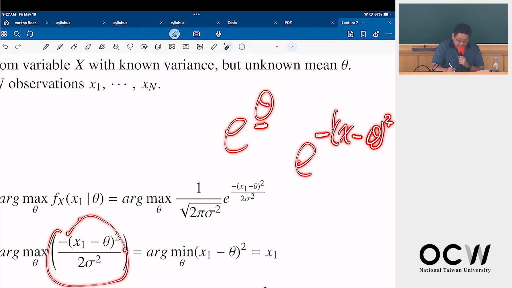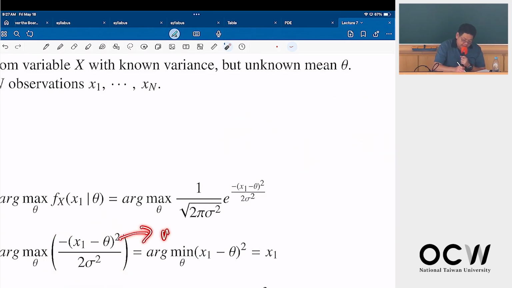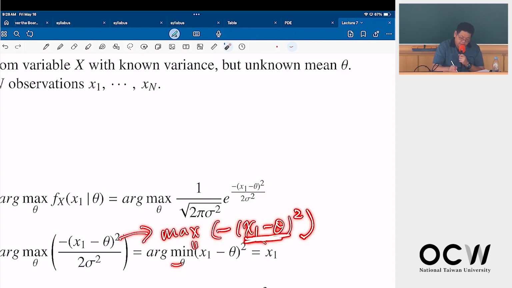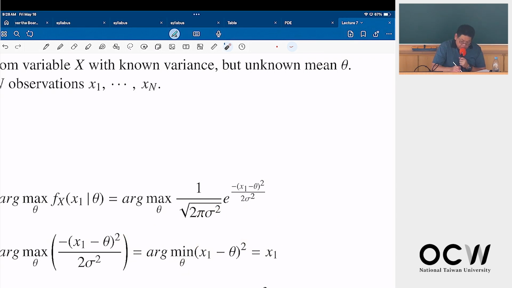That means I just need to minimize this part. Maximizing minus (x minus theta) squared is equal to minimizing the square term, because I have a minus sign.